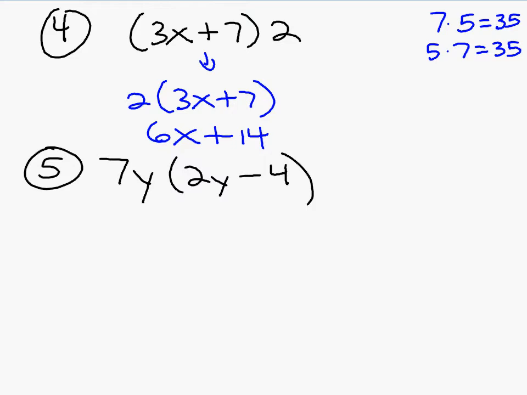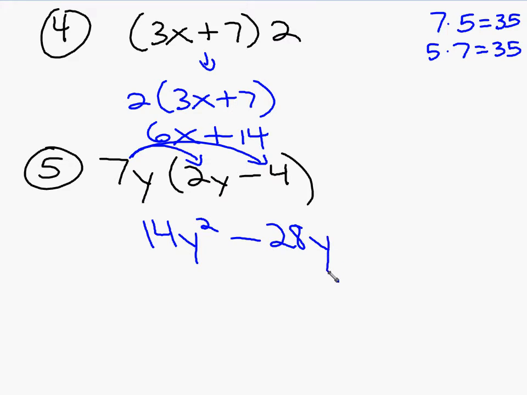Because when I multiply 7y times 2y, I get 14y to the second, because y times y is y squared, minus 7y times 4. That's a little bit easier. I can just do the 7 times the 4 and get 28y, because it's 7y times 4.